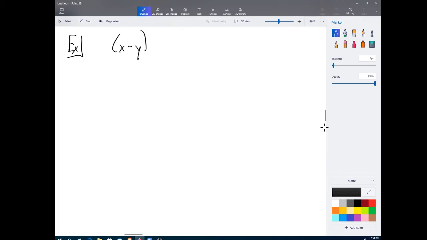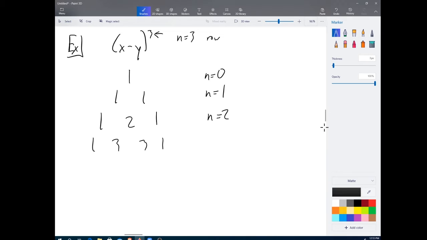X minus y to the 3rd. Now because it's the 3rd, I want the n equals 3 row. Not the same as the 3rd row, because the first row is the 0th term. So I've got my n equals 0, n equals 1, and then add together the middle, n equals 2, 3, 3, 1, and n equals 3. So this is the row that I need.